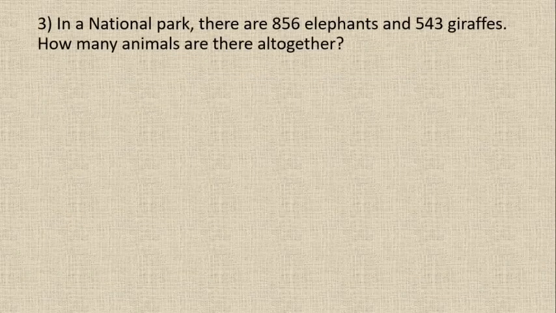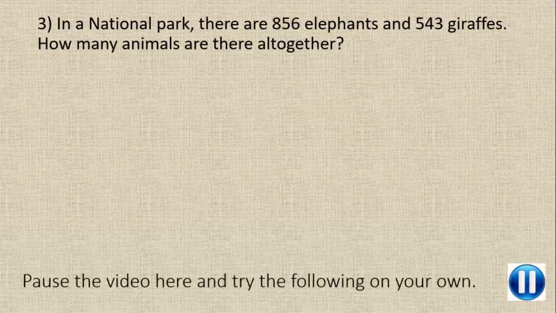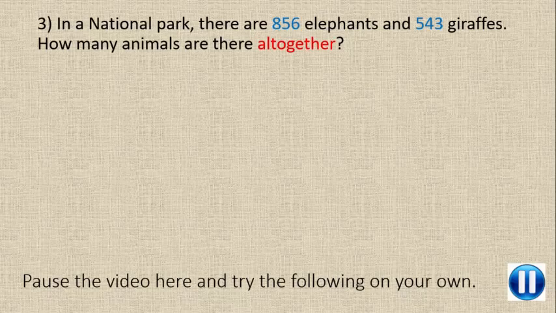Number 3. In a national park, there are 856 elephants and 543 giraffes. How many animals are there altogether? Pause the video and try it on your own. So to find the answers, we need to highlight the important numbers as well as the question that's been asked.